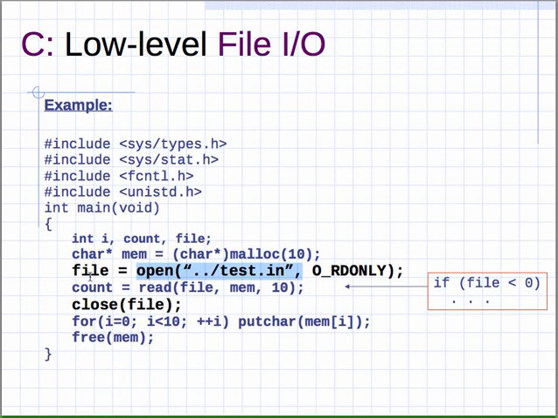And so if the file handle is less than 0, it means that the open did not work and you should quit. So for example, if this file does not exist and you open it read-only, you'll get a negative number for a file handle, and so you'll have to handle that error.